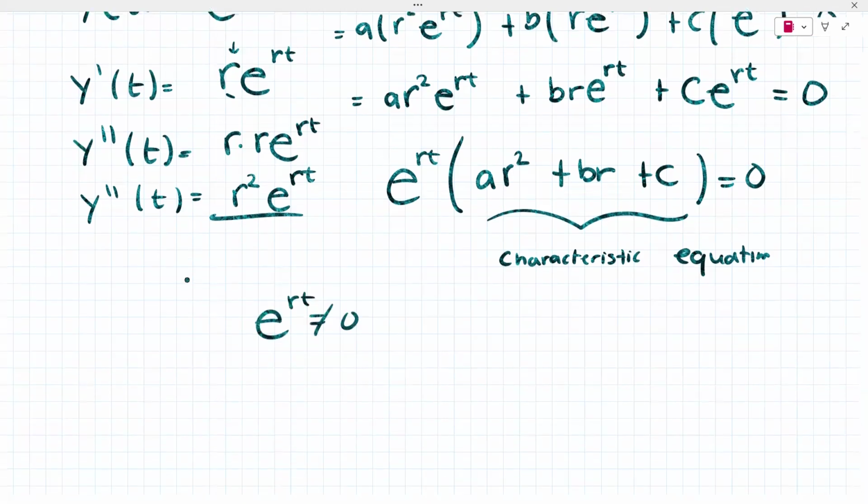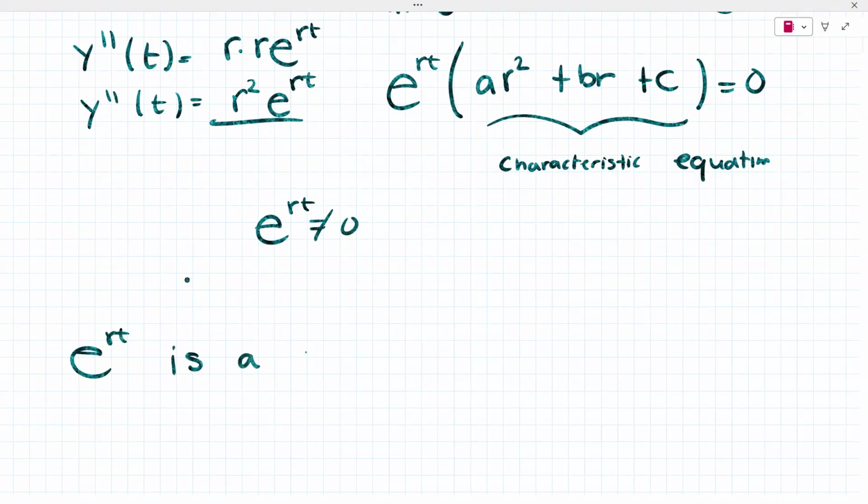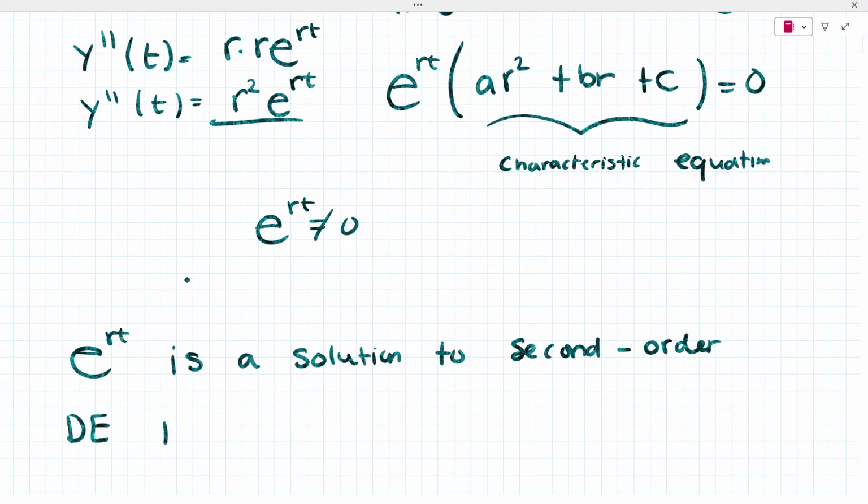So we can conclude that e raised to the rt is a solution to the second order differential equation, provided ar squared plus br plus c has a solution.